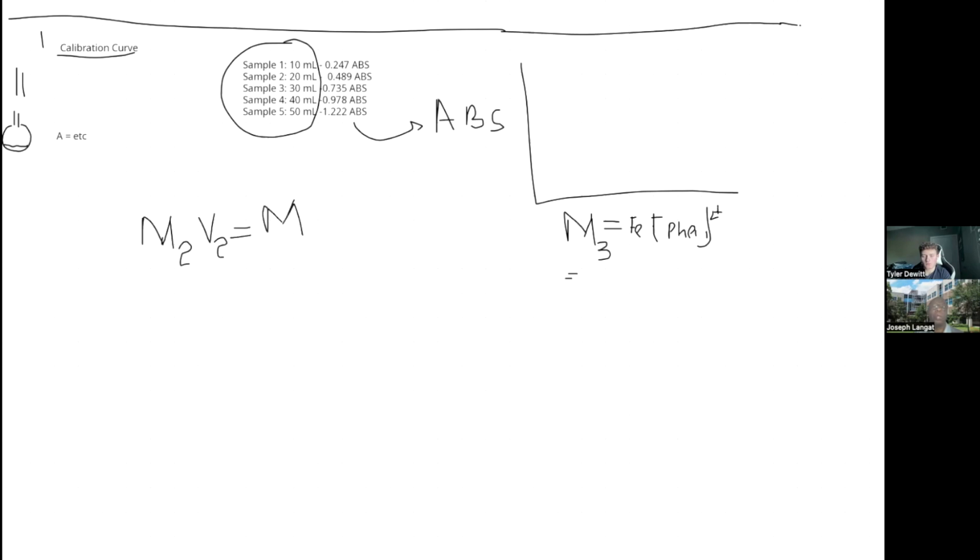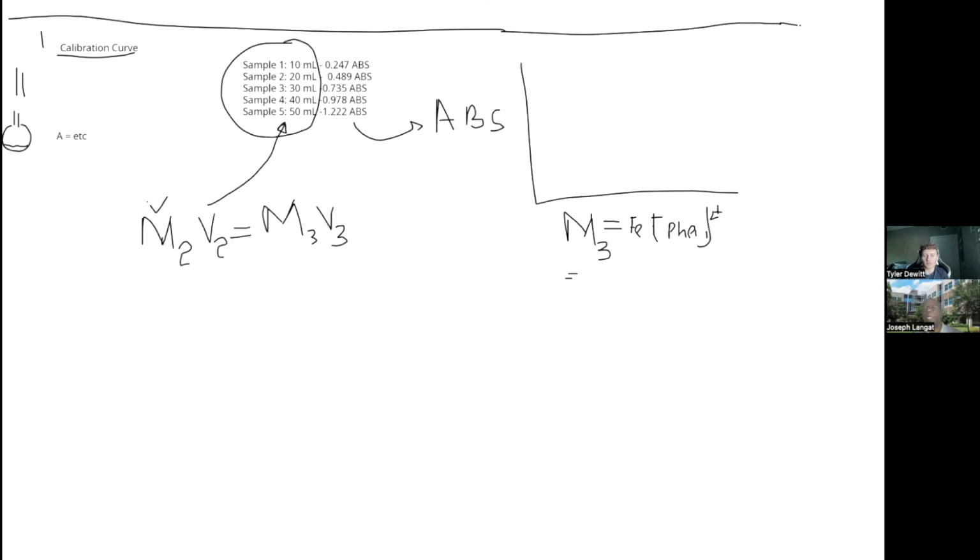Let's see what we know here and what we don't. Do we know M2? Yes, we put a check mark, we know that. Do we know V2? Yes. V2 is how much you dispensed from the pipette. You get it from there, right?